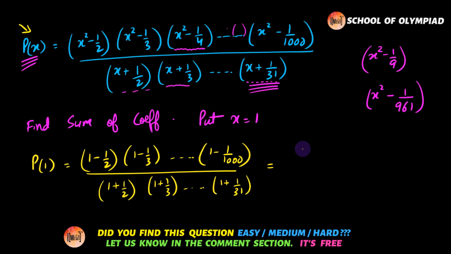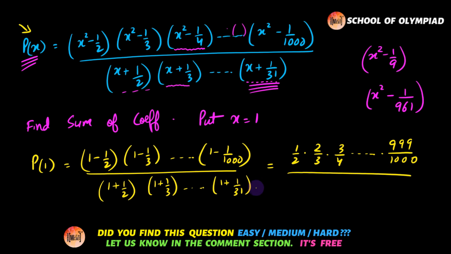When simplified, the numerator reduces to half into 2 by 3 into 3 by 4 into so onwards up to 999 divided by 1000, and the denominator becomes 3 divided by 2 into 4 divided by 3 into so onwards up to 32 divided by 31.